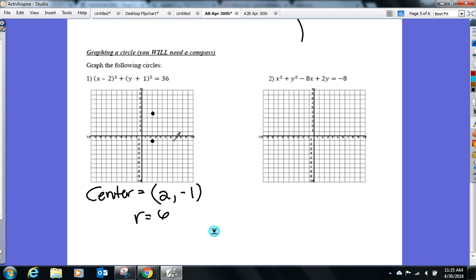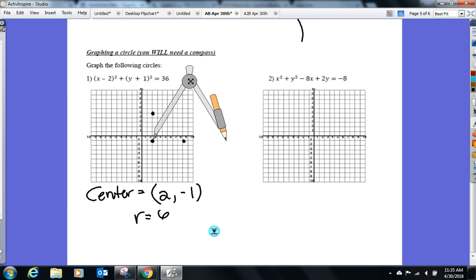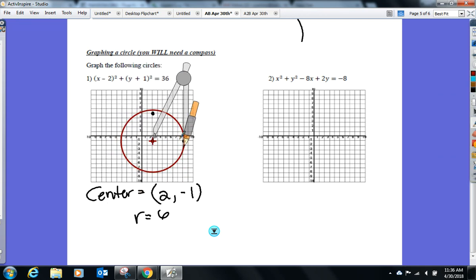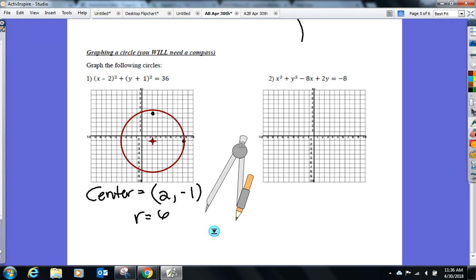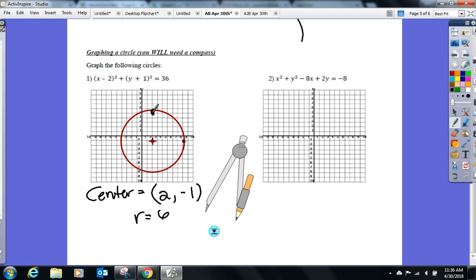Yep. Then I'm going to take my compass, put the compass point on the center, pencil point on one of the points on the circle, something you may have wanted to do all year long. Swing her all the way around.